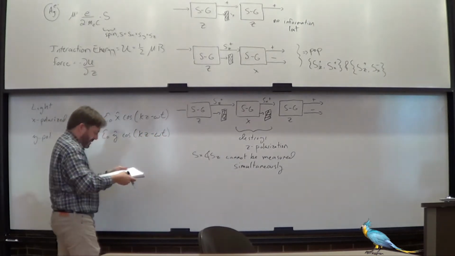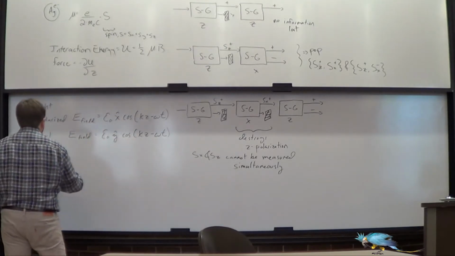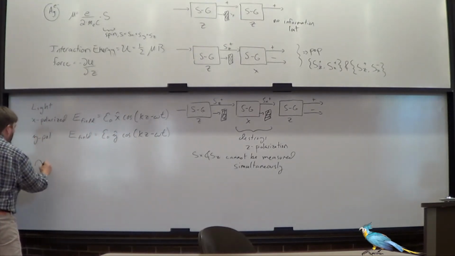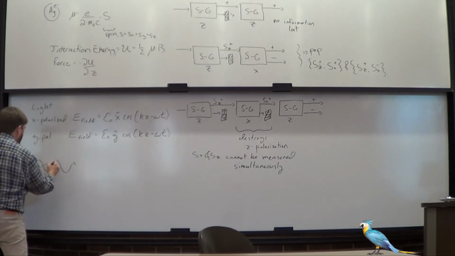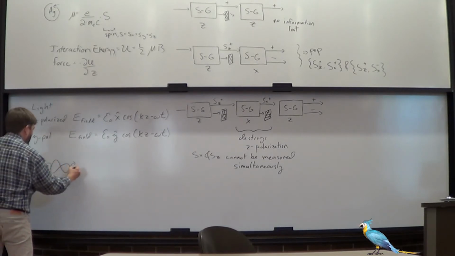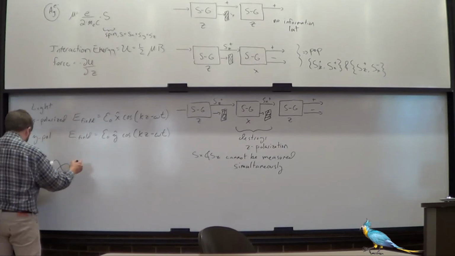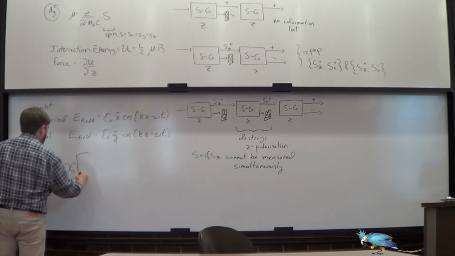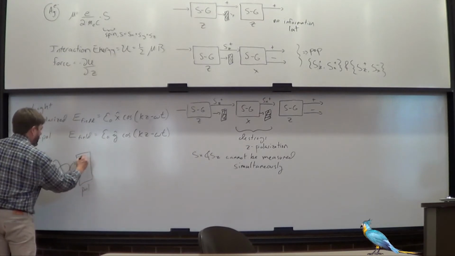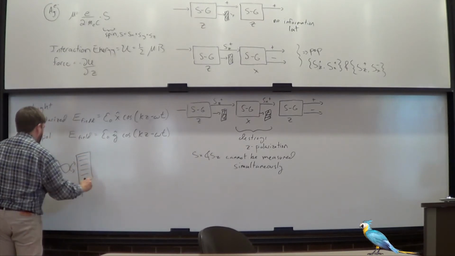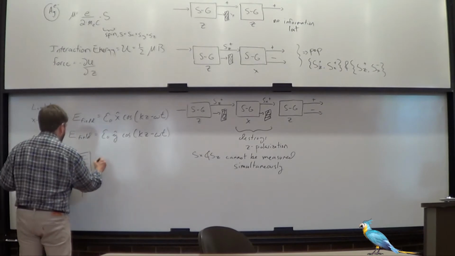Okay, so they're basically the same. So what that means is I'm going to take a wave. Let's say that's X. Let's have Y. I hope I did that right. Let's put it through a polarizer, and out comes only this one.